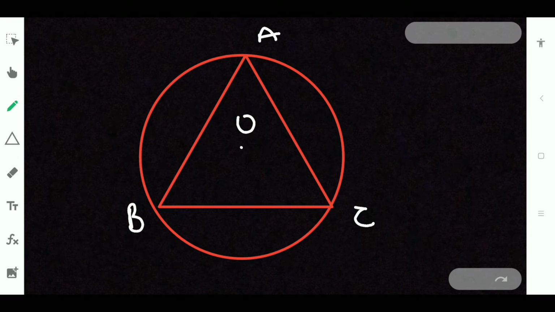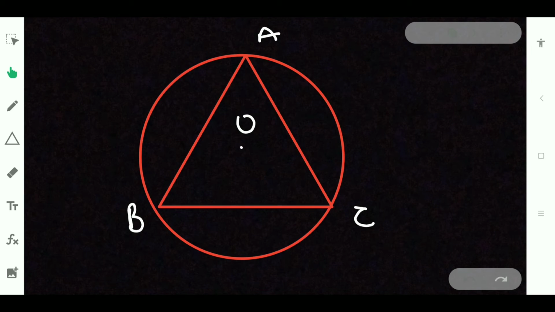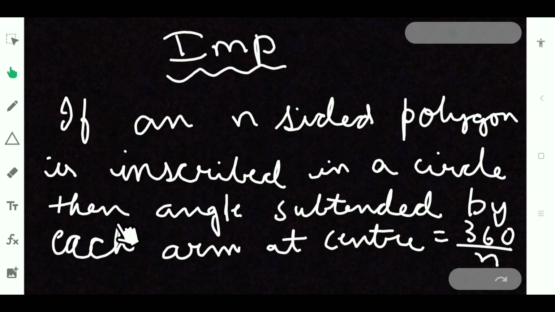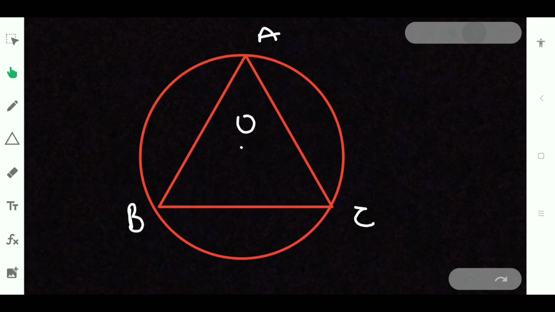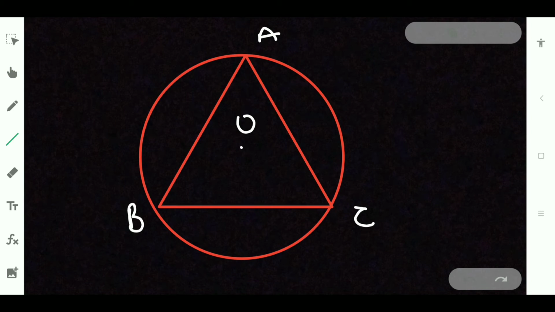Now according to this statement, if an n-sided polygon is inscribed in a circle, inscribed meaning nothing but drawn in a circle, then the angle subtended by each arm at the center. Angle subtended by each arm means that if we take two lines like this, and this also we can take.